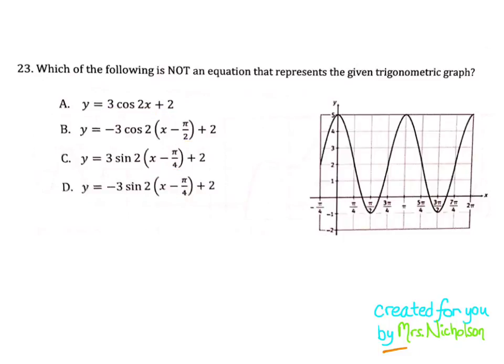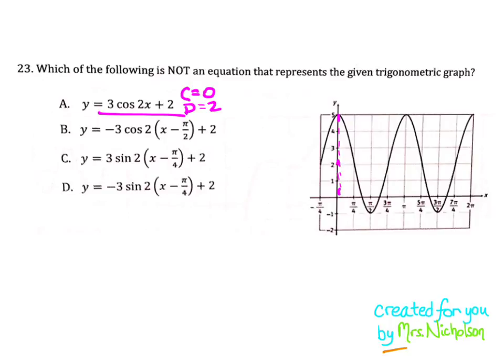So since that's the only thing that's different in each equation, I think that's the thing that we need to be looking at. So let's start here with our first equation, 3 cosine 2x plus 2. So I have no horizontal shift there, which means that my C value is 0 and the D value is 2. And so if I were sketching this graph, the midline of my graph would start at 0, 2. So I'm going to look at that point, which would be right here, 0, 2. And amplitude is 3.